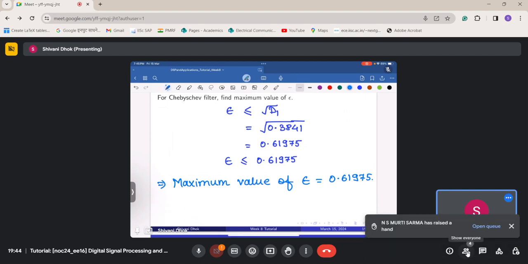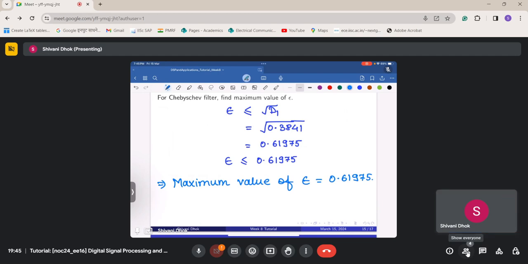Madam, what is the importance of this epsilon? Because D1 will also be there, it is only a subset of D1. What is the importance in Chebyshev filter? So in Chebyshev filter, you have oscillations, right? You have ripples. It is equiripple in passband. That ripple will be controlled by this epsilon.